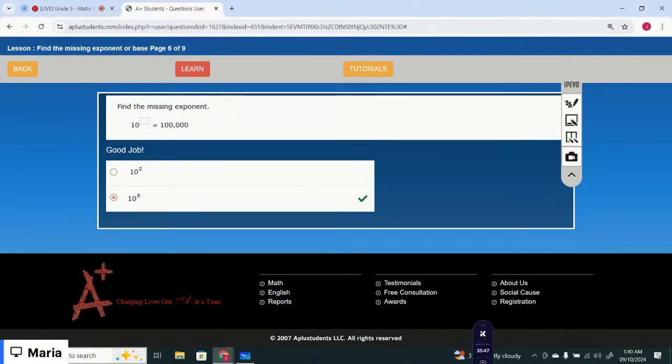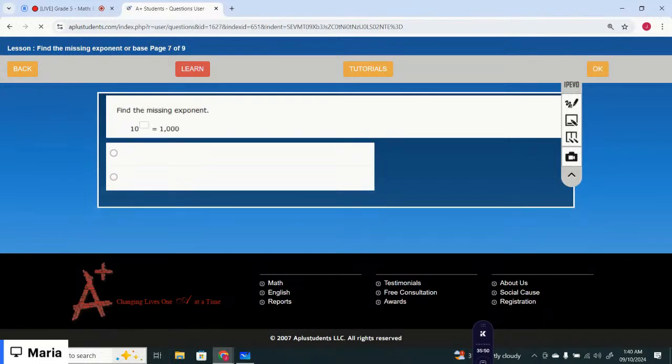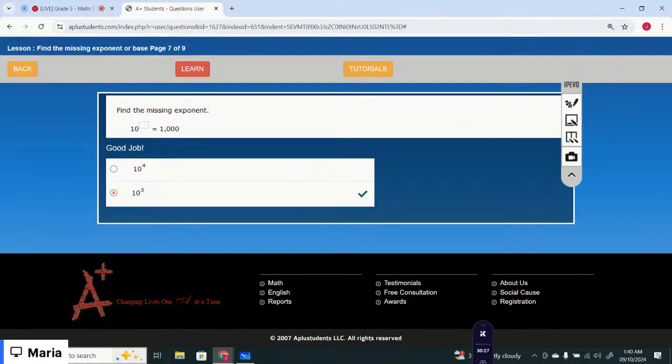Option number 2 is the correct option. Find the missing exponent. 1000 equals 10 exponent. That is 10 exponent 3, the correct option. Option number 2 is the correct option.